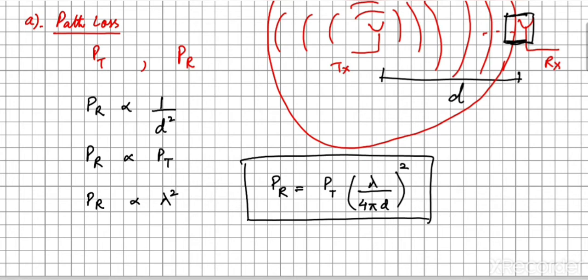If you are transmitting with a transmit power PT and operating at a wavelength lambda, and the distance between the transmitter and receiver is d, then the amount of received power is given by this equation. Note here that c, the speed of light, is related to the frequency and wavelength by this formula. So if you're given the frequency, you can compute the wavelength, and if you're given the wavelength, you can also express the equation in terms of the frequency.